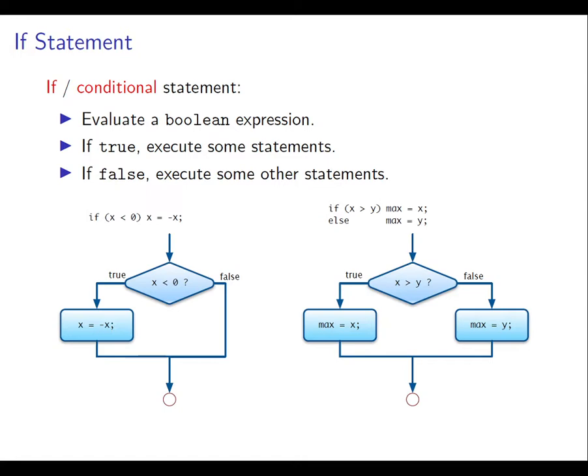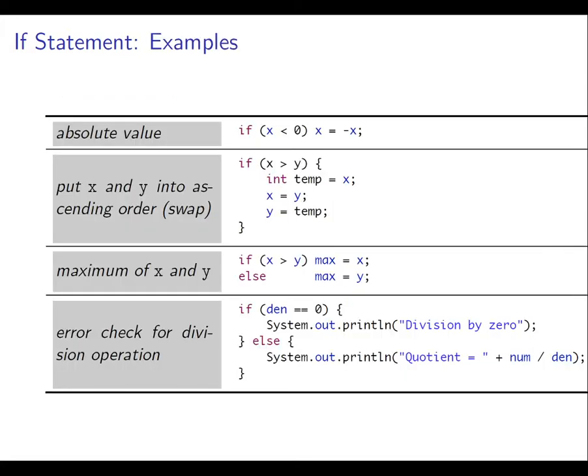On the right hand side we are saying if x is greater than y, then max, which had better be a previously declared variable, is going to be set equal to x, and otherwise max is going to be set equal to y. In other words, max is going to turn out to be whichever is greater of x and y. And that's how it's represented graphically. So, some examples.